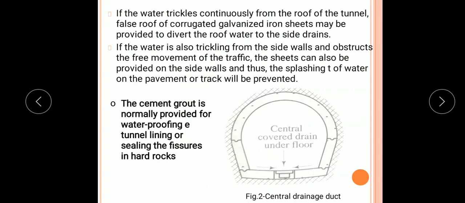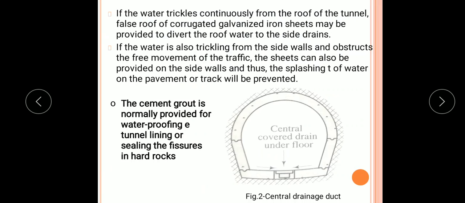If water trickles continuously from the roof of the tunnel, a false roof of corrugated galvanized iron sheets may be provided to divert the roof water to the side drains. So as a solution, whenever we have to provide permanent drainage, corrugated galvanized iron sheets should also be provided.